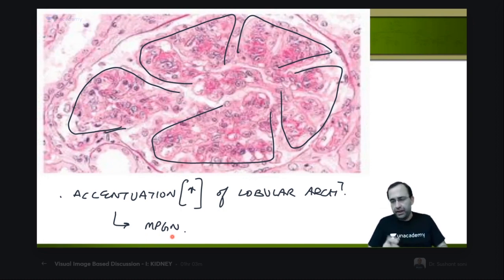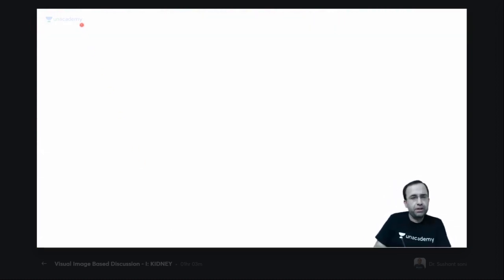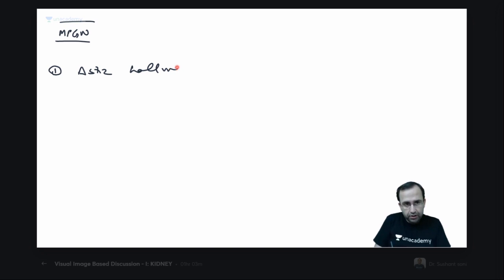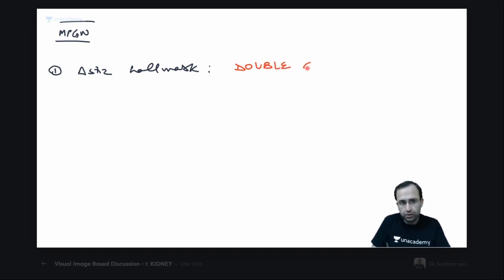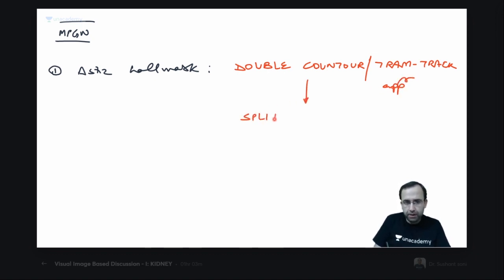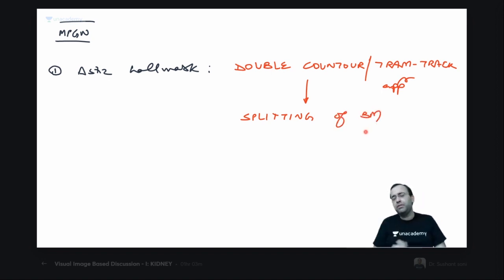Next point, other features of MPGN are, firstly, the diagnostic hallmark, which is the double contour or the tram track appearance, arising due to splitting of the basement membrane.